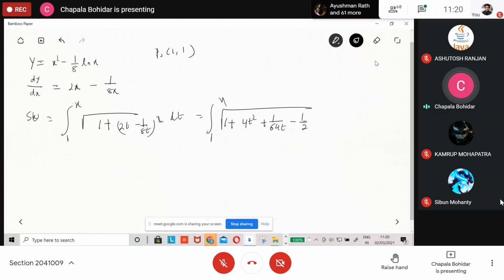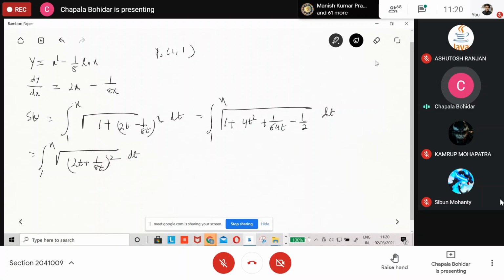By finding the square, I got this value. This is equal to the integral from 1 to x root over of 2t plus 1 by 8t square. You see, 1 minus half, I'm getting only half. So it is 2t plus 1 by 8t square dt.